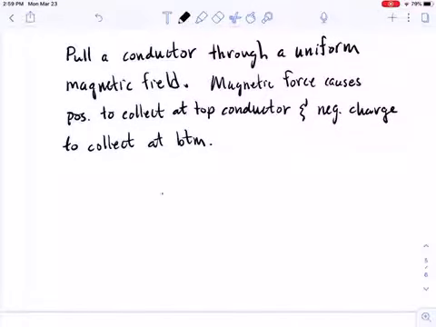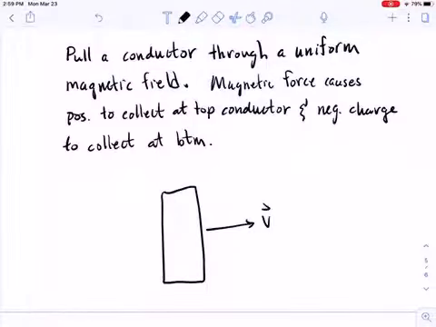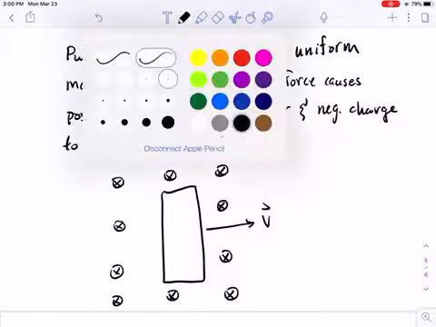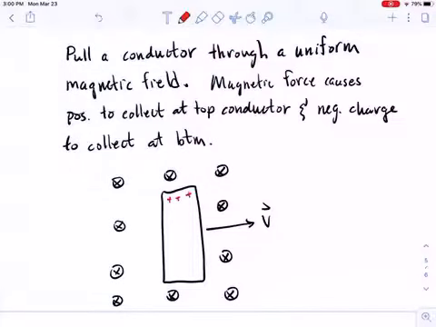All right, so if we draw this picture again, here's our conductor. It's moving with velocity v. There are magnetic field lines going into the page. And what we end up with is positive charge collecting at the top, negative charge collecting at the bottom. If I had a positive charge over here, the magnetic force we've already determined is towards the top of the page.